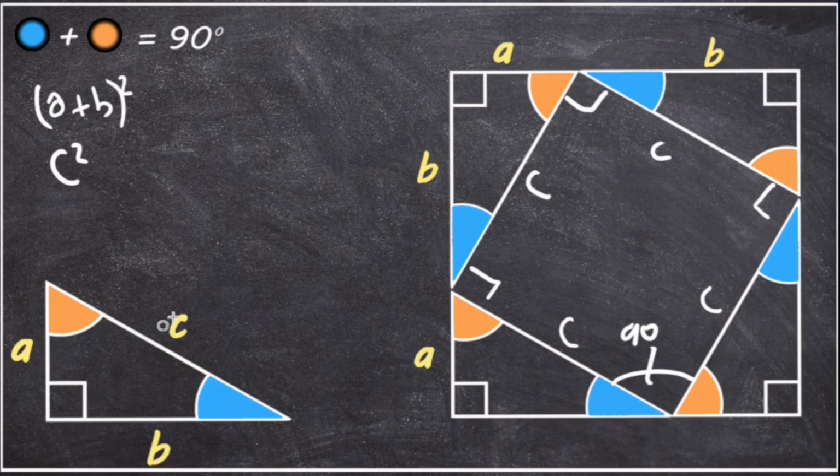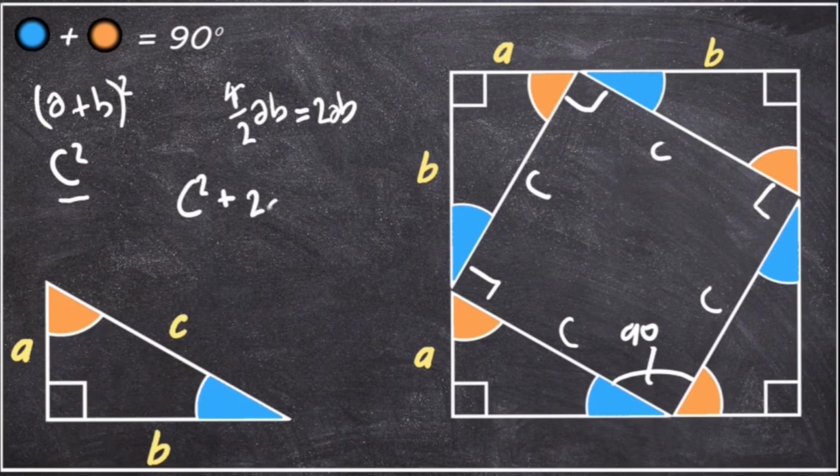The height and base of the triangle is A and B, so the area of one triangle must be half A times B. But there are 4 triangles, so the area for 4 triangles must be 4 over 2 AB, and that is equal to 2AB. The area of the inner quadrilateral is C squared, so the entire area of the large quadrilateral must be C squared plus 2AB.